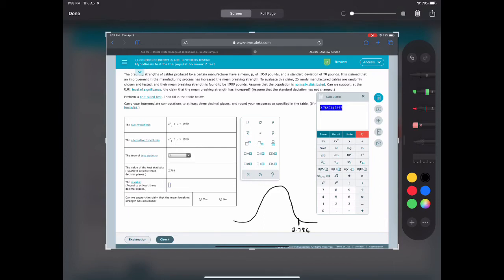We're looking at whether it has increased, so we're looking at this area. To find our p-value, we look at the area given to us there in the yellow.